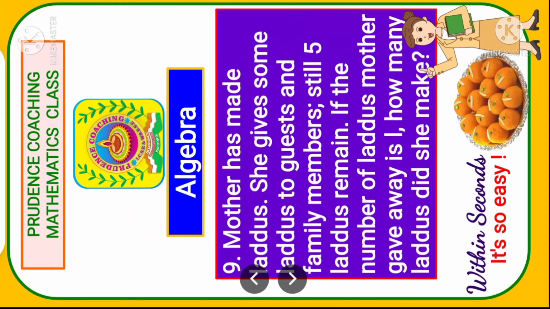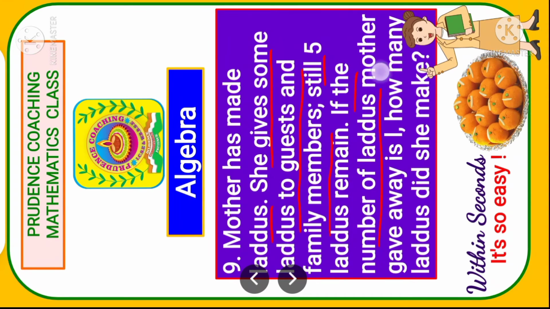Let us start with sum number 9. Mother has made laddus, but how many laddus were made by the mother is not said. She gives some laddus to guests and family members. So from the number of laddus she made, she gave some of the laddus to guests and the family members. Still 5 laddus remain. So after giving also, she is left with 5 laddus.